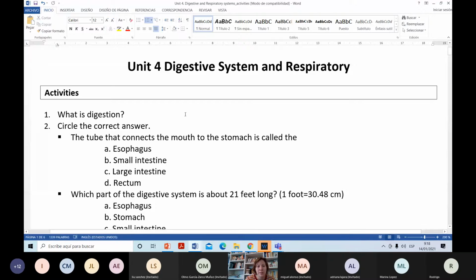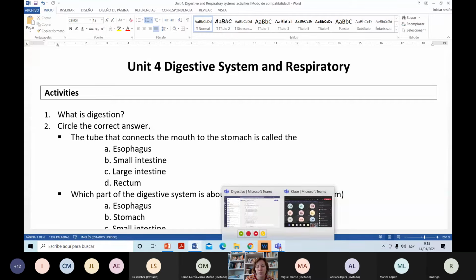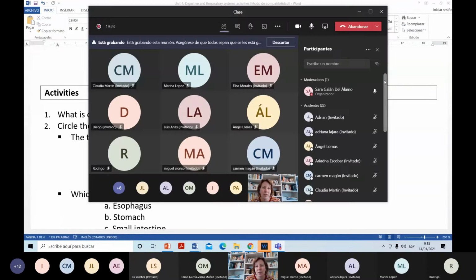So I would like some volunteers to answer. First of all, what is digestion for you? If I don't have any volunteer, you know that I'm going to find it. So it's better if it's your own decision. What is digestion for you? Any volunteer that wants to say what is digestion? What does digestion consist on?